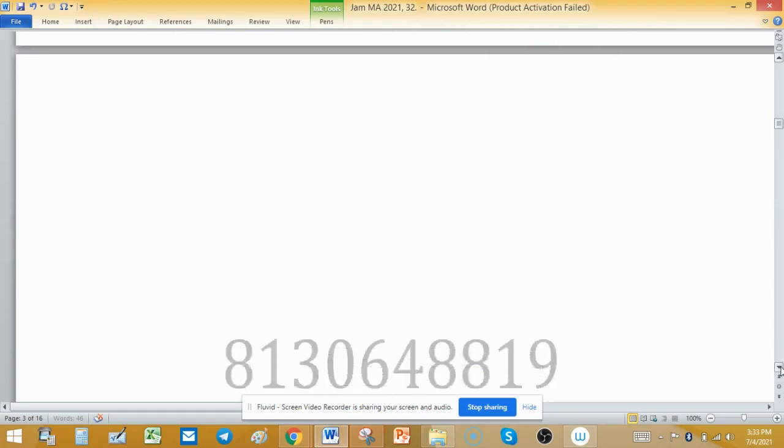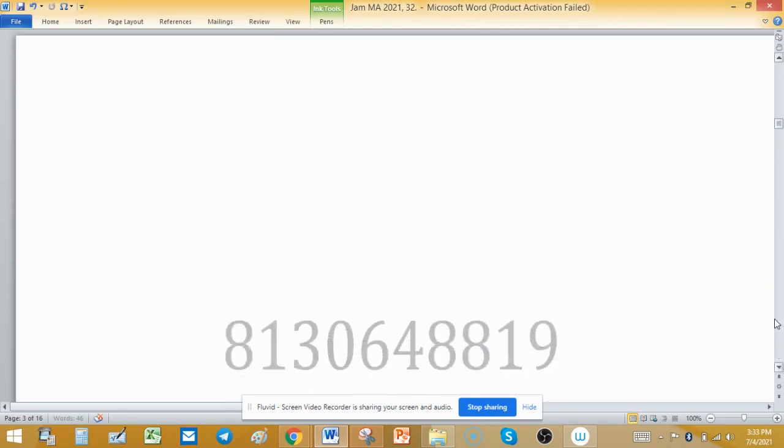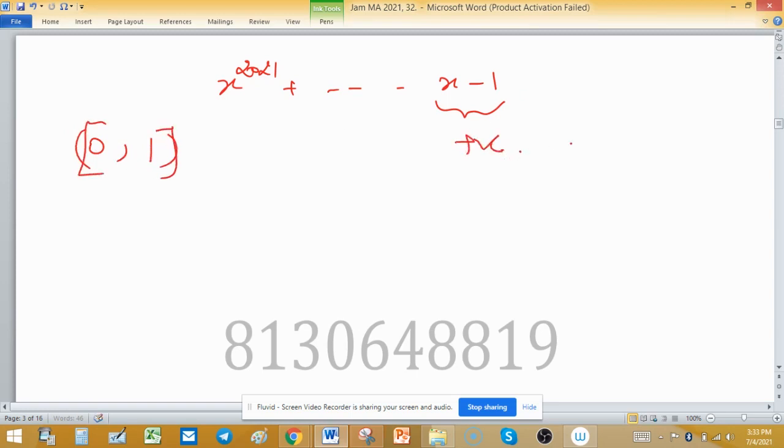The answer to this problem we can find using Descartes' rule of signs. For x raised to the power 2021 plus and so on up to x minus 1, because we are seeking over the interval 0 to 1, there is only one positive real root, because there is only one sign change, positive to negative.